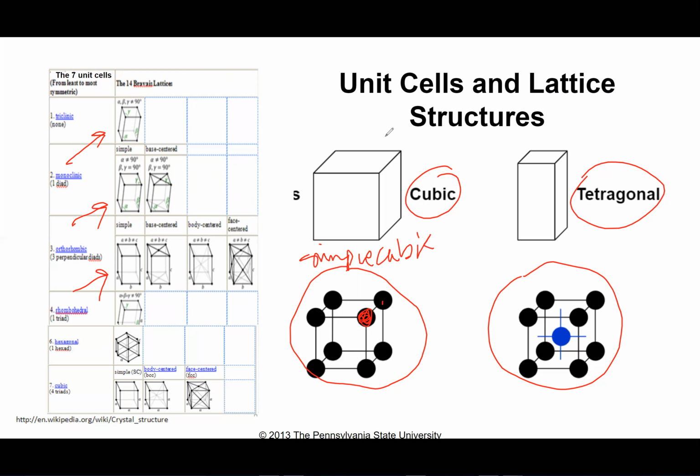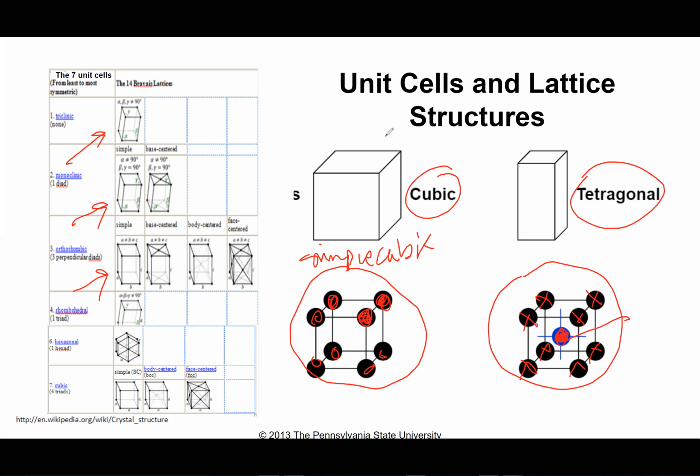So this is the same atom, carbon, carbon, carbon, or whatever it is, sodium, sodium. And this one would be a body-centered cubic, I believe. So you have a different element in the middle and other different atoms on the outside. That's a different pattern.